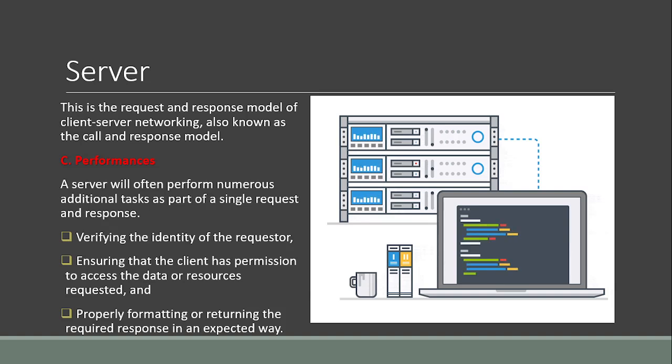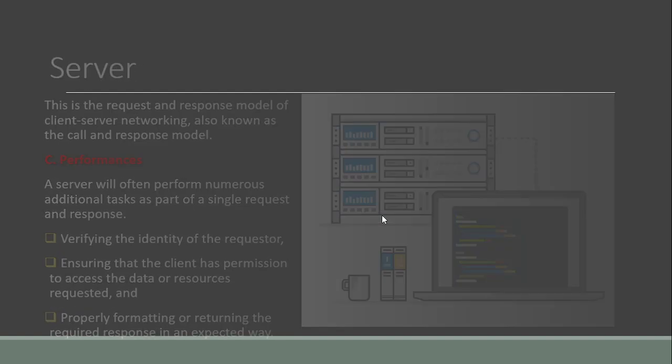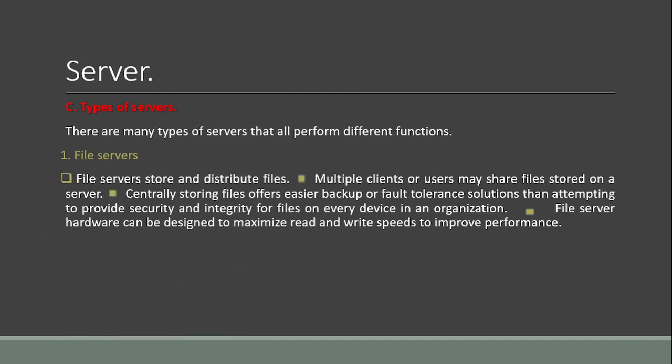And lastly, properly formatting and returning the required response in an expected way. The information on the server, you format it, address it, and make it accessible to you whenever you need the information.